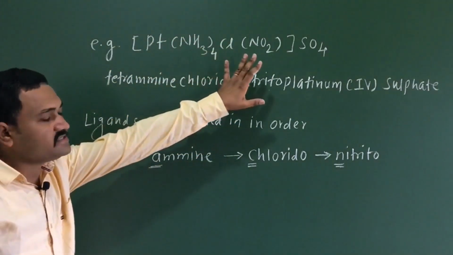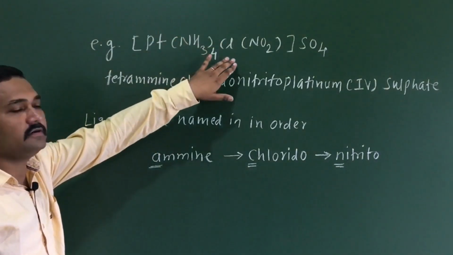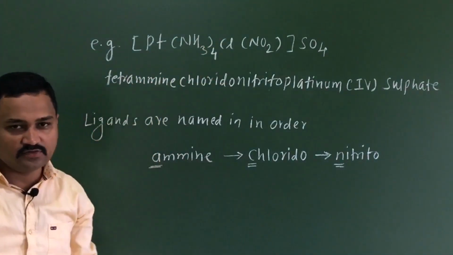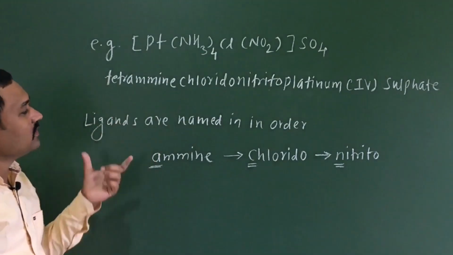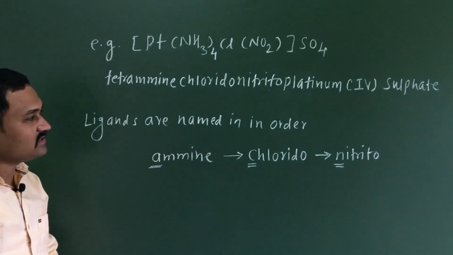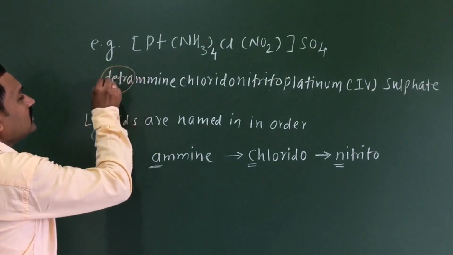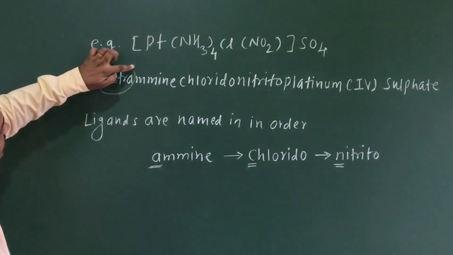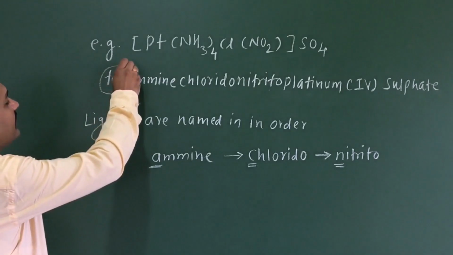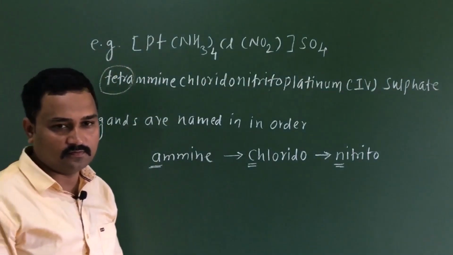We are not going to consider the nature of the ligand, whether it is neutral or negative or maybe positive. We will directly follow the alphabetical order while naming all these ligands. Again remember that we are not considering the prefixes' first alphabet for writing the names of these ligands. Okay, so that is our rule number 4.